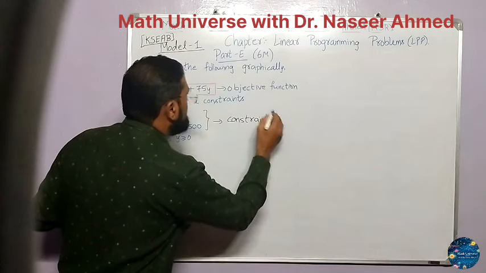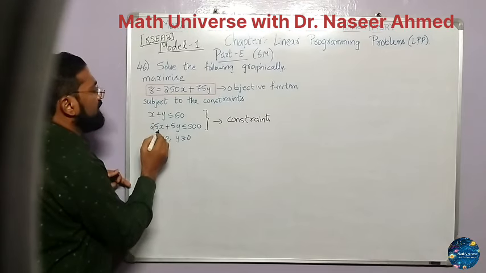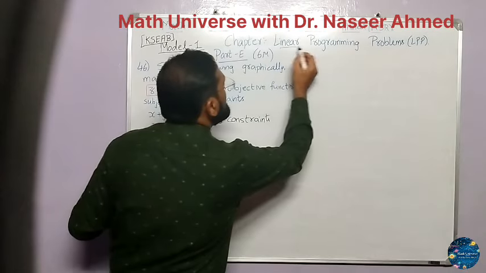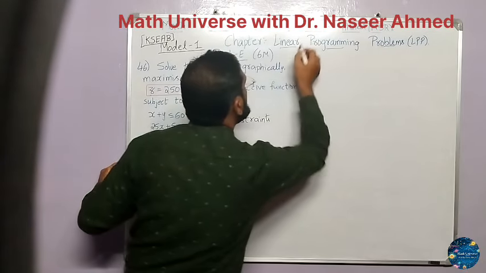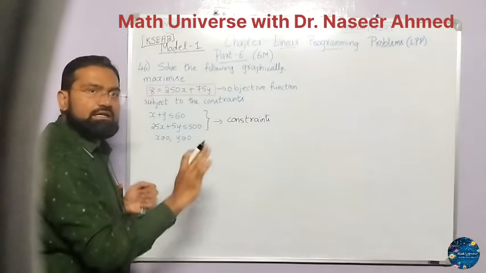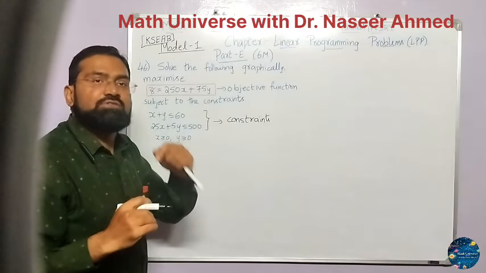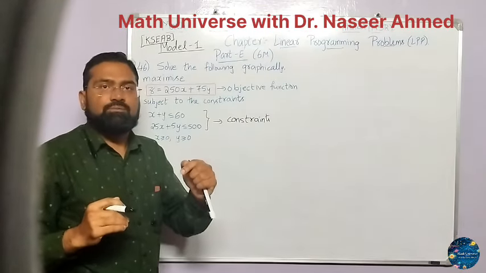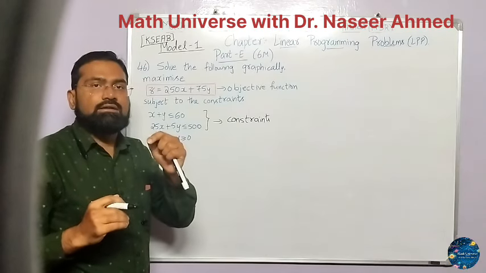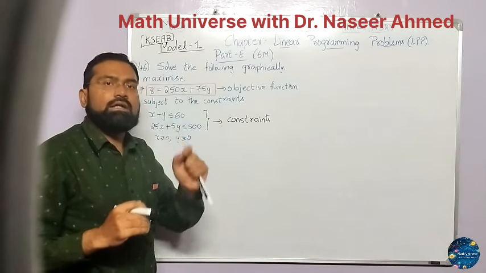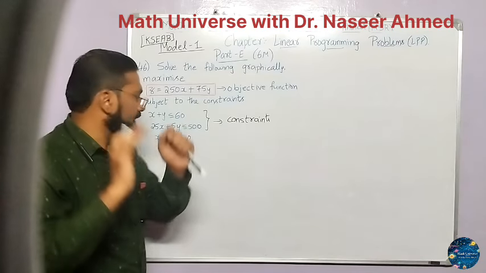Most importantly, the degree of each of these variables is 1. That's the chapter name, no? Linear programming problems. All the functions will be linear, and hence our diagram will be a straight line, because whenever the highest degree is linear, the geometrical representation will always be a straight line.